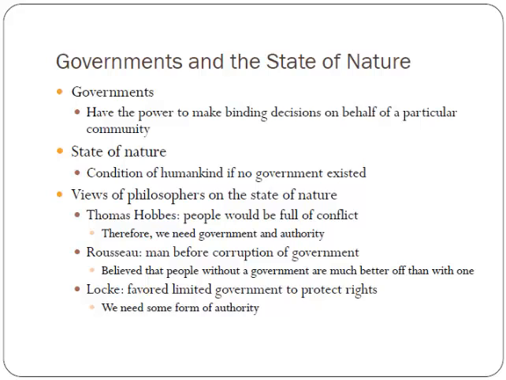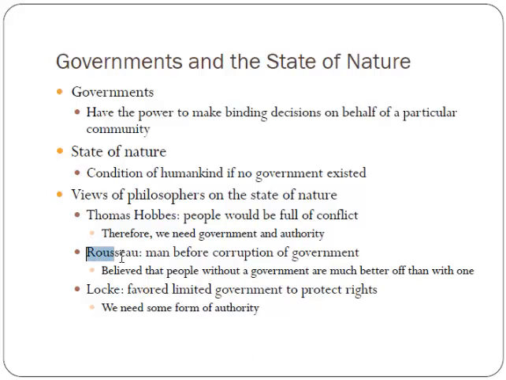Throughout history, there have been various philosophers who have determined what they think would happen if there were no government. Some of the most famous ones over here, Thomas Hobbes was the famous social contract person, who essentially said that if there would be no government, people would kill each other and maim each other and steal from each other, and that wouldn't be good, and therefore we need government and authority.